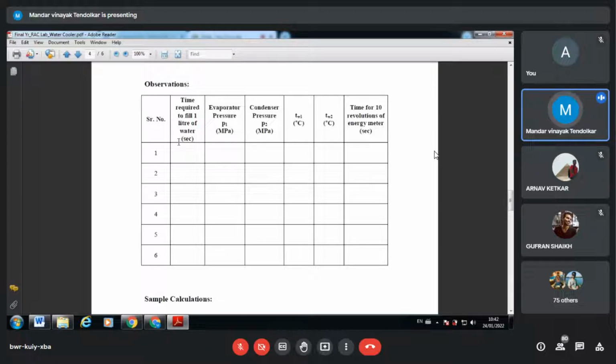And since this is m dot into Cp delta T, mCp delta T gives joule, or kilojoule. Since I am taking m dot, it is joule per second, so I will directly get kilowatt. So your mCp delta T is the numerator in kilowatt or watt, and the denominator is your work, which is again watt or kilowatt. So accordingly, COP can be very easily found.